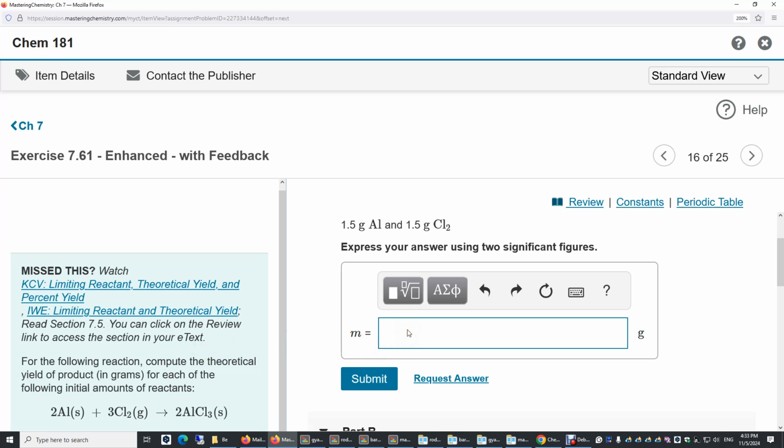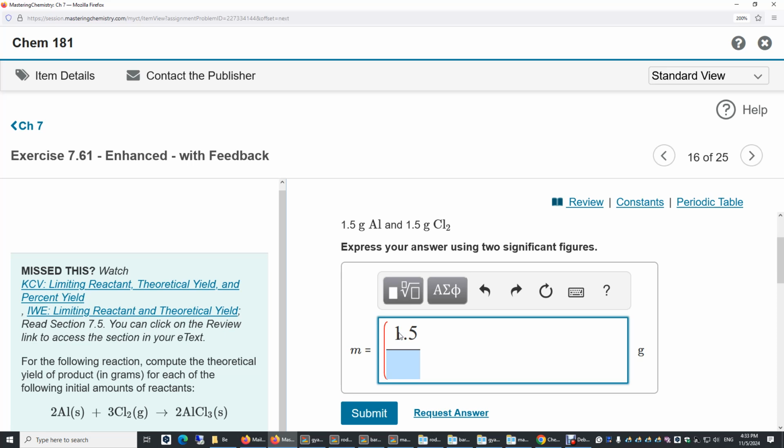So first, 1.5 grams of aluminum, 1.5 divided by the molar mass of aluminum. Alright, so this is the number of moles of aluminum, and then there's a 1-to-1 ratio. So over here we have the moles of aluminum chloride.